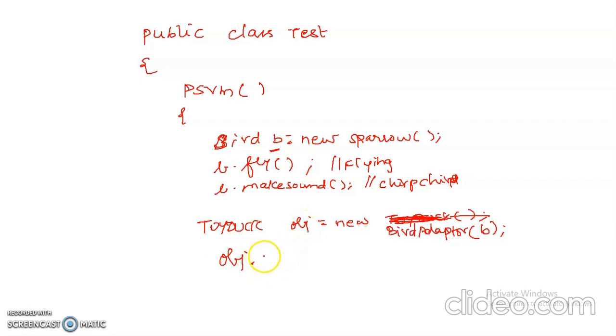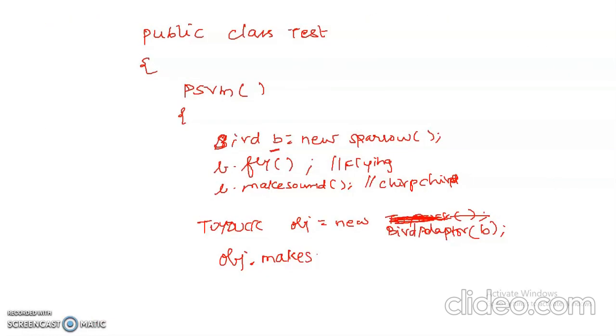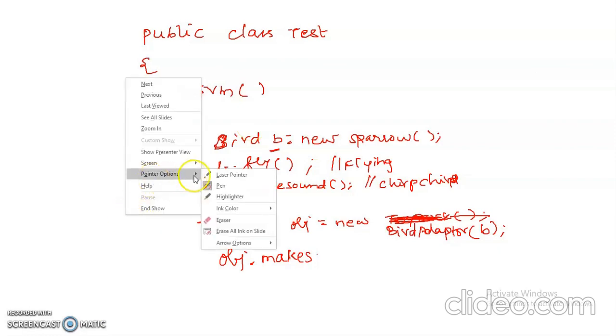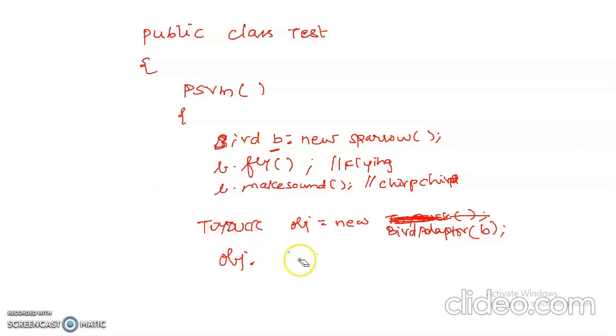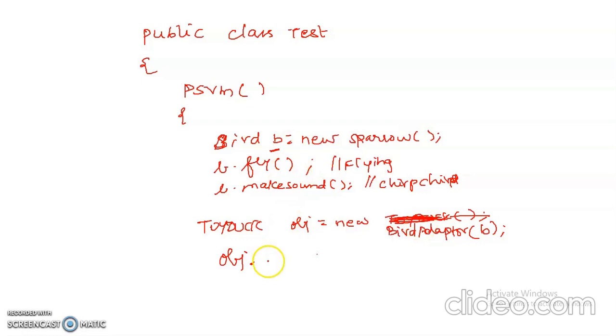I am going to call a method named squeak, which in turn will provide the result chirp chirp. See here, ToyDuck object is obj. I have called squeak, but it produces the sound chirp chirp.